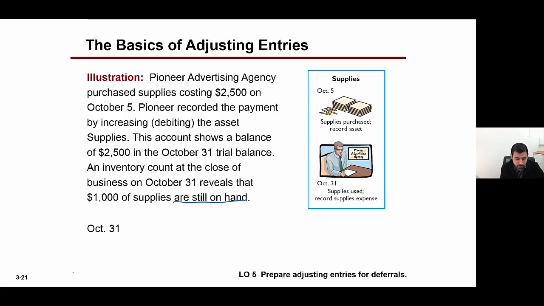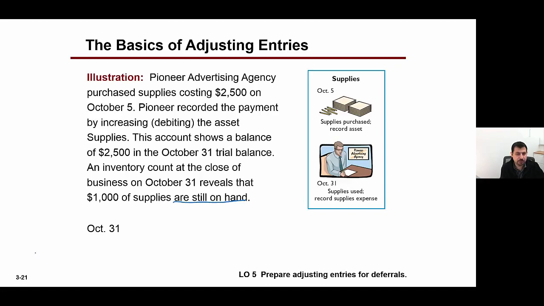So if we leave the trial balance without adjustment, the information would be wrong. Actually, it will be outdated because it will reflect the time where the supplies were bought on the 5th of October and not the end of the month.